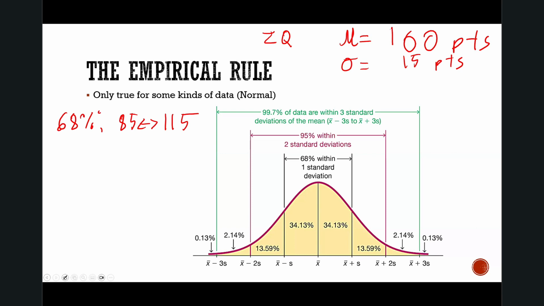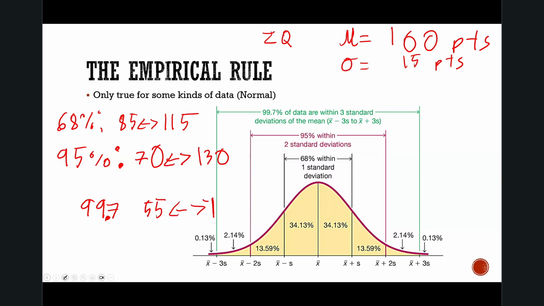I added the standard deviation to the mean and I subtracted it. 95% would have an IQ between 70 and 130. 99.7% of people would have an IQ between 55 and 145. That's what the empirical rule says.